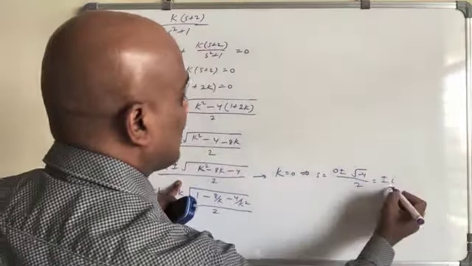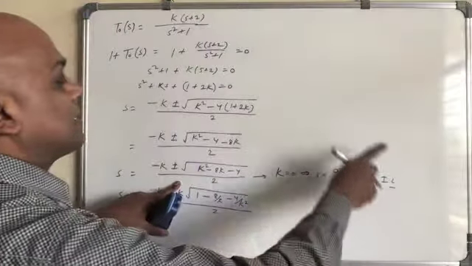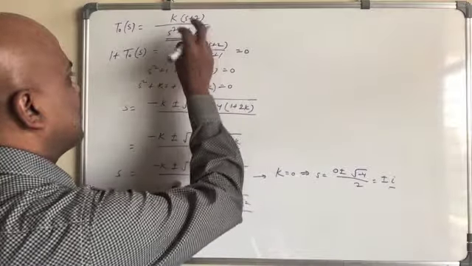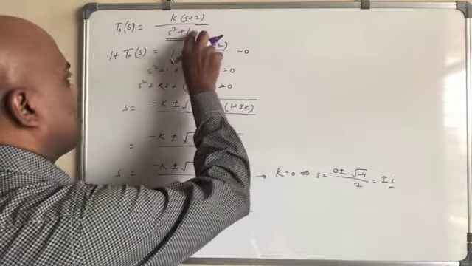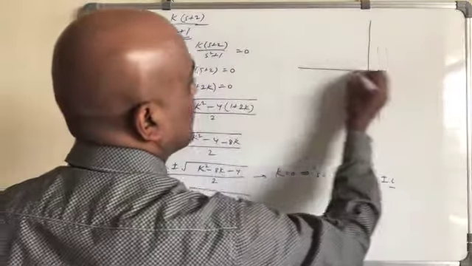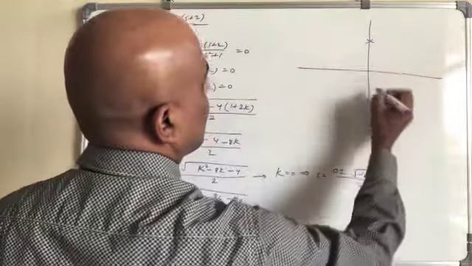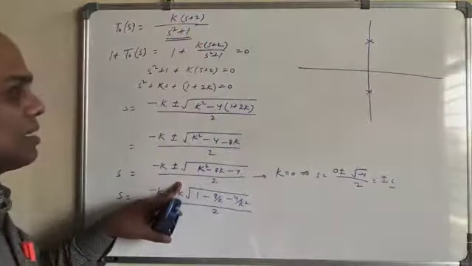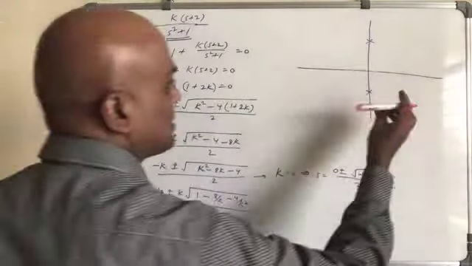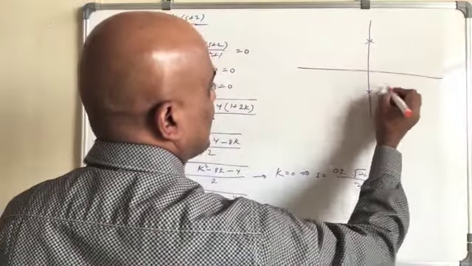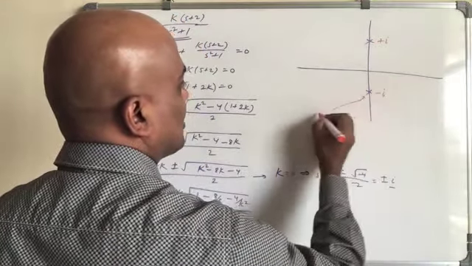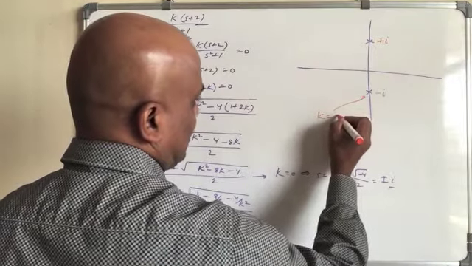We expect that by just making the open loop transfer function's denominator equal to 0, we can also get the same value, and hence we write it here. So we have these crosses here which correspond to k equal to 0, so this is minus i, this is plus i, and this corresponds to k equal to 0, right?